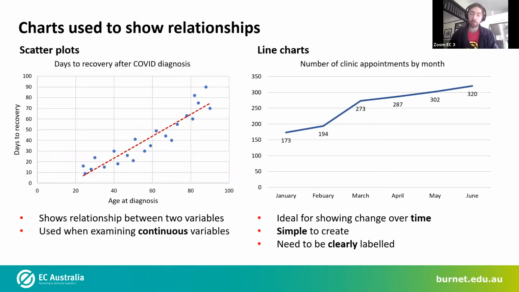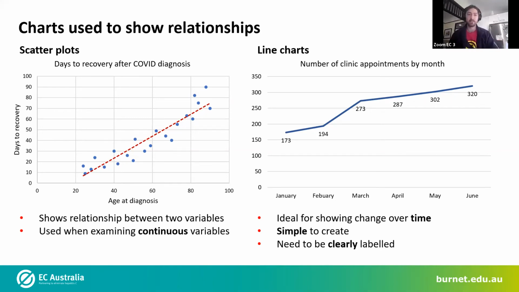If we want to show relationships between two variables, this is a rabbit hole of charts really. But on the left-hand side, we've got the tried and true, which is a scatter plot. Scatter plots are very useful if you're trying to show a relationship between two variables that are both continuous. In this graph, we've got days. By the way, I should clarify, all of the data that I'm presenting, I completely made up in Excel myself, just randomly punching in numbers.